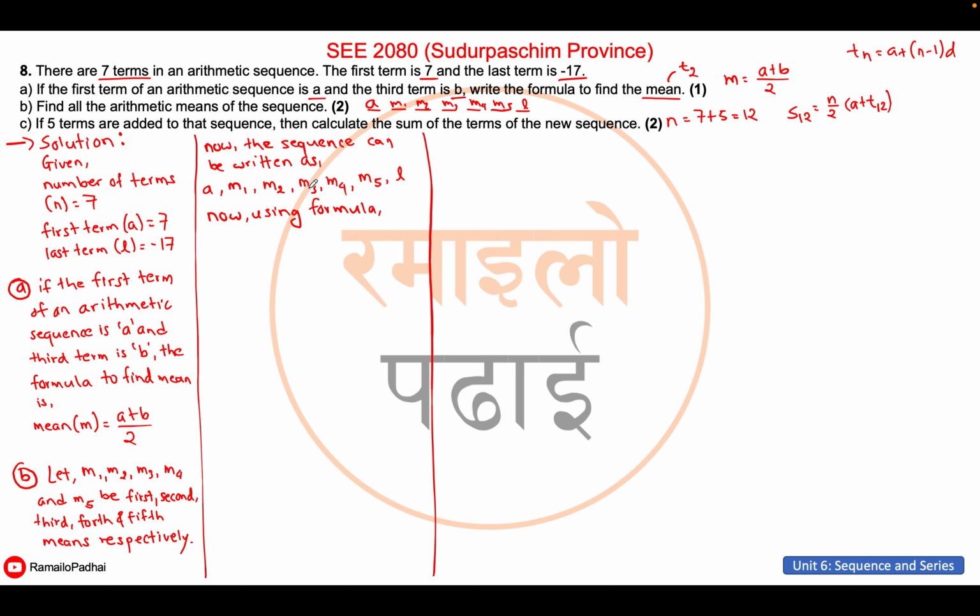Because we don't know the value of D. Okay, so we will first use formula L is equals to A plus n minus 1 D. Here we have 7 terms, so n is equals to 7, and the value of L is minus 17, is equals to, we have A is equals to 7 plus n is 7 minus 1 D, or minus 17 is equals to 7 plus 7D, or 7D is equals to minus 17 minus 7, or D is equals to minus 24. Is that so? 17 plus 7, 24.